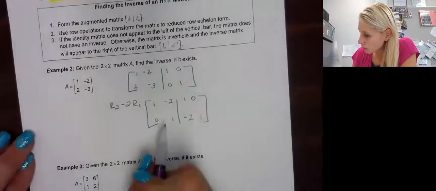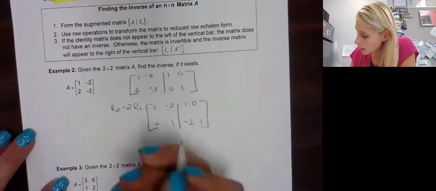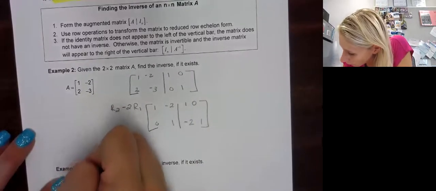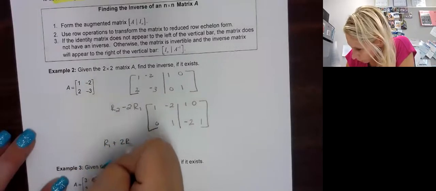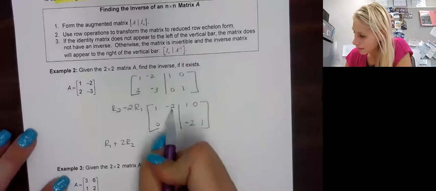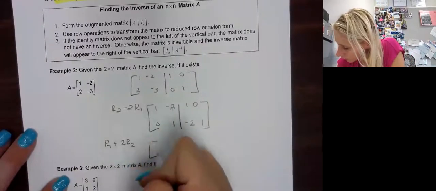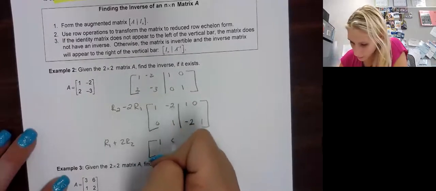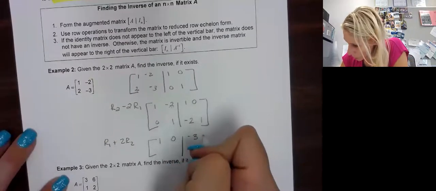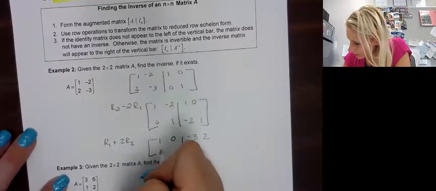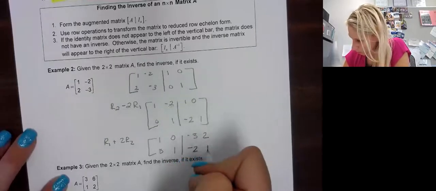Then what we will do is we have our 0 or 1 here, and now we want 0 up there, so we're going to have row 1 plus 2 row 2, because that makes that 0 right down there. What we end up getting is 1, 0, negative 3, 2, 0, 1, negative 2, 1.